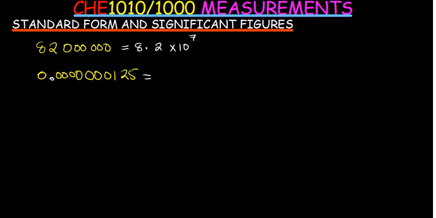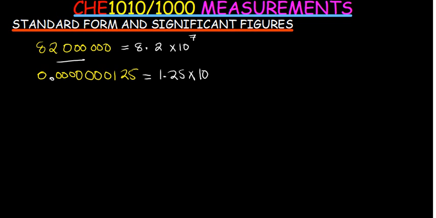Please, not the first two numbers, only the first number. So this decimal point will move from here: 1, 2, 3, 4, 5, 6, 7, 8. Please don't take it here or there. It has just moved 8 times. So therefore this is going to be written as 1.25 times 10 to the power.